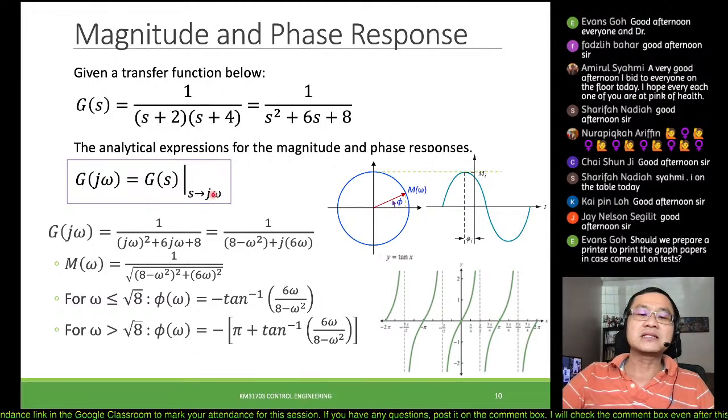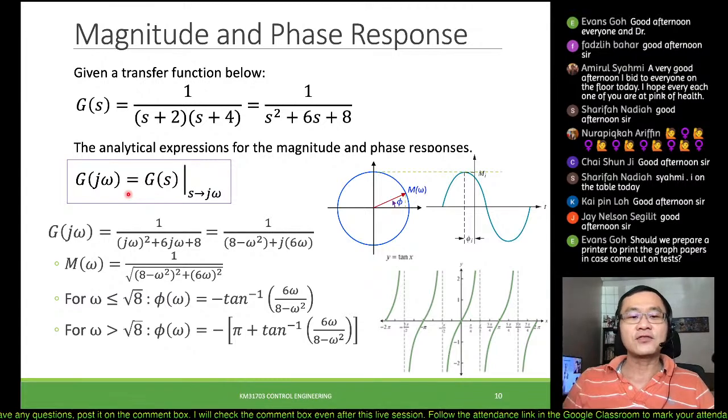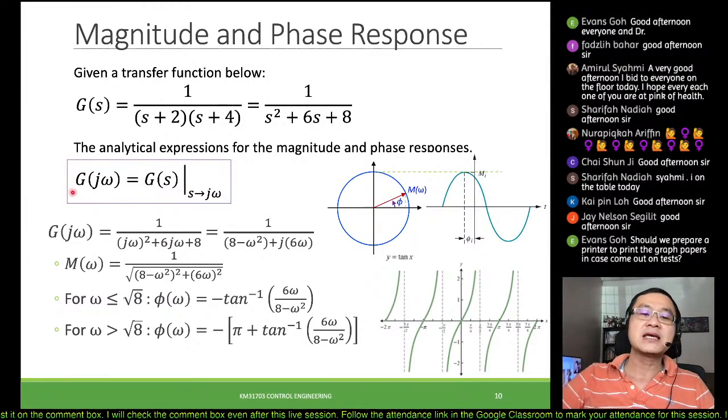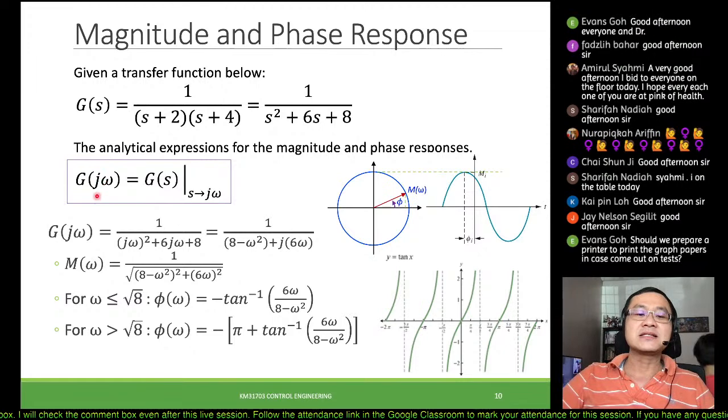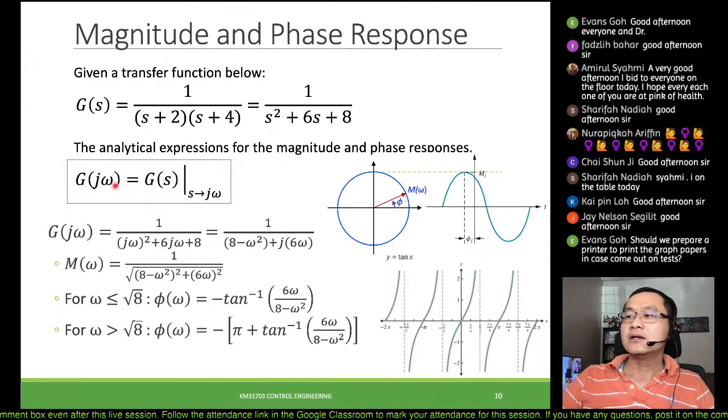So in order to plot this for different frequencies, we will use this G when s equals j omega for our purpose.